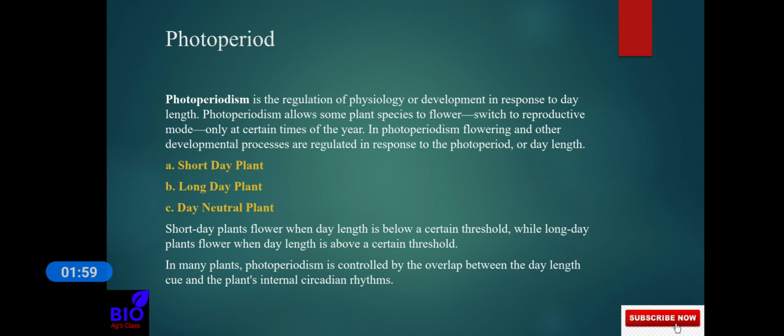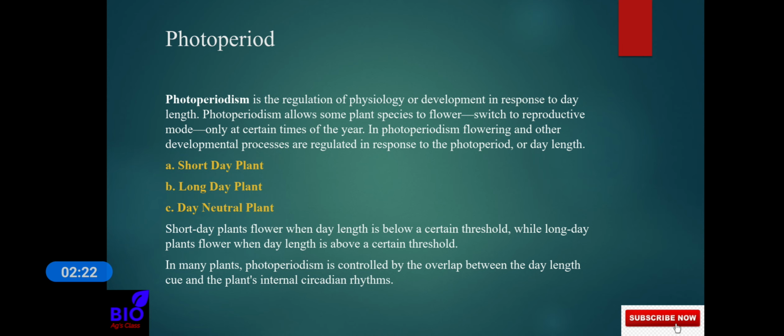Photoperiodism is a regulation of physiology or development in response to day length. It allows some plant species to flower, or switch to reproductive mode, only at certain times of the year.